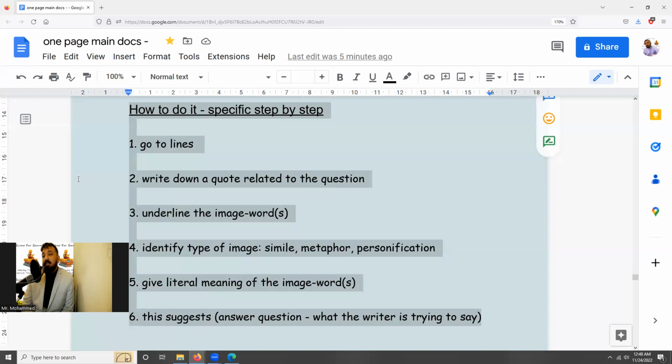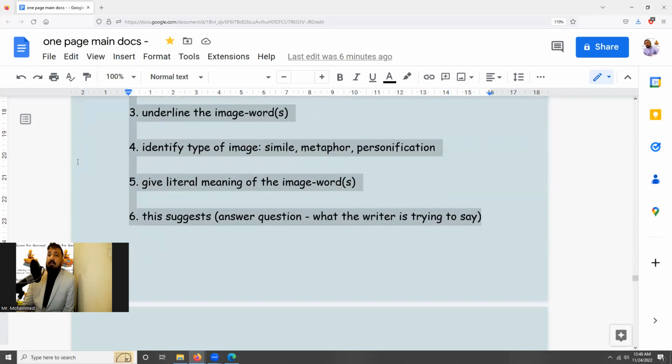Just describe what dancing is. Or if it was a shining star, you would say a star is a very bright light in the sky, something that's not from this world, something like that. Give the literal meaning of the word.